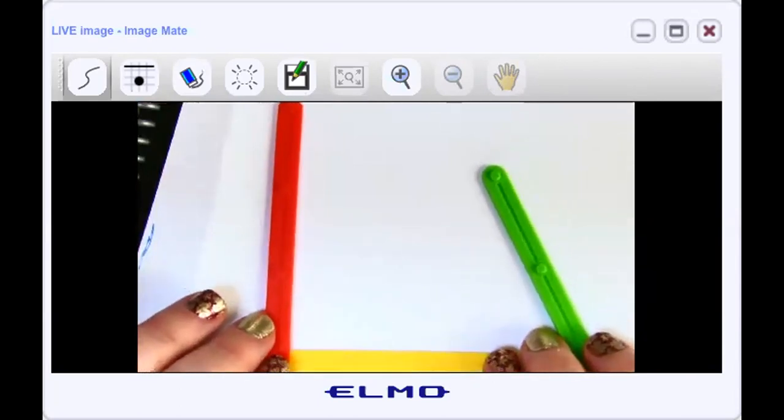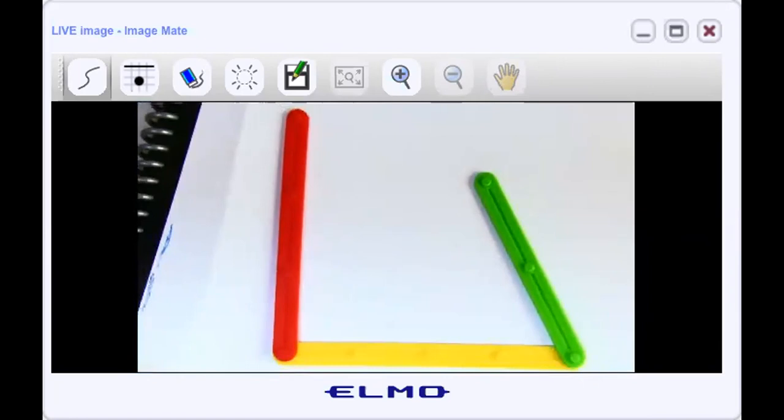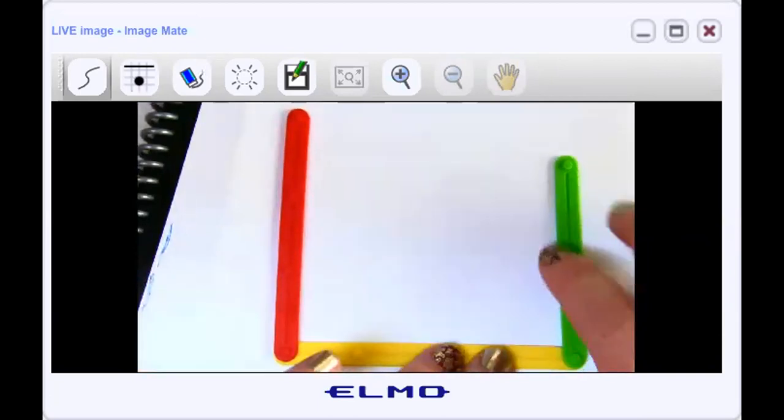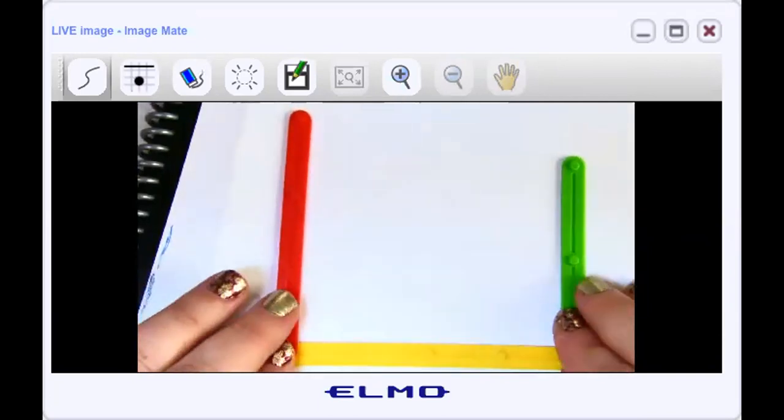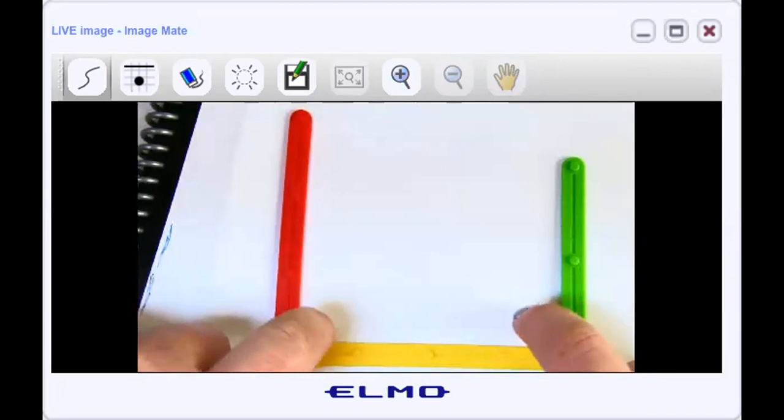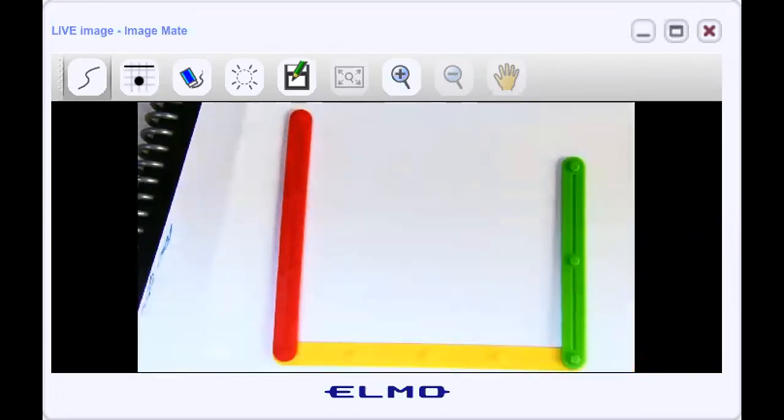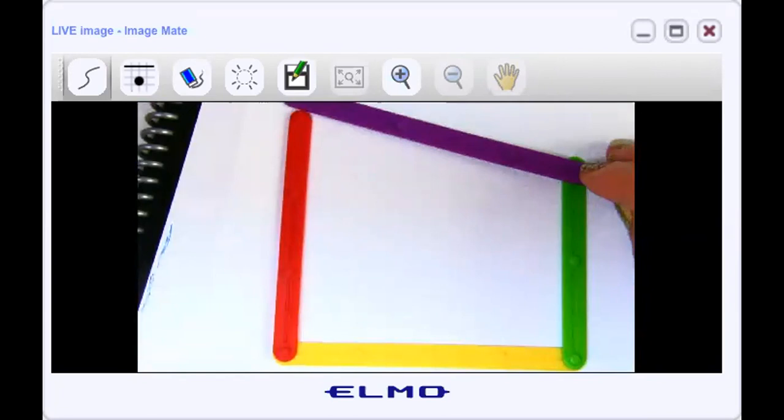Is it possible to have a second 90-degree angle in the same triangle? Well, let's say I made the green and the yellow 90 degrees. If these two are 90-degree angles, could this shape be a triangle? I say no. Even if you connect these two, you don't have a triangle now.